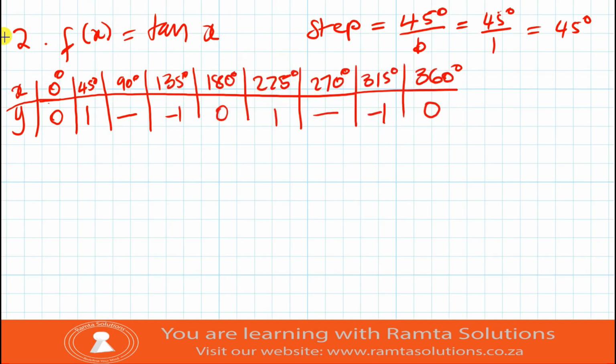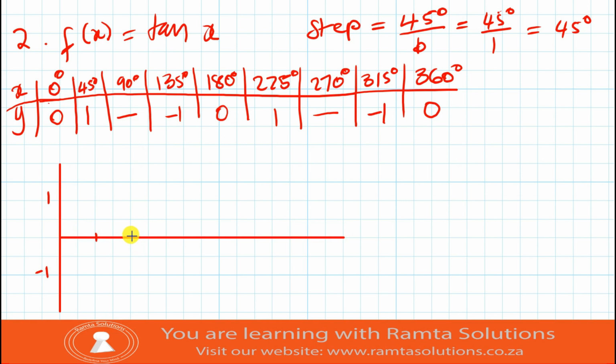Now let's try to plot this. All right, so this is 1. This is -1.